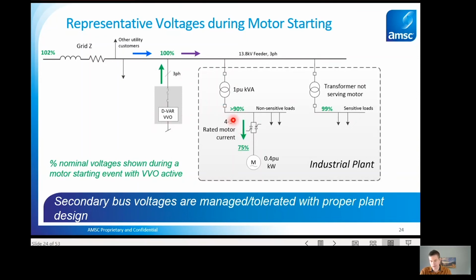If you do get down around 85% voltage or 80% voltage, that's where you're going to want to look at upsizing that transformer. But typically, when the plant is designed, that consideration is made already. And we often see 90% or above when that VVO is regulating and maintaining the medium voltage at around 100%.